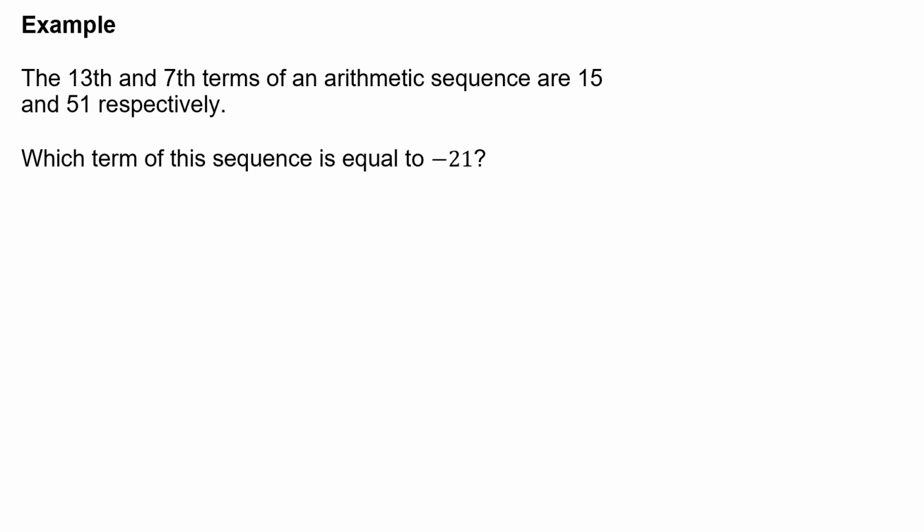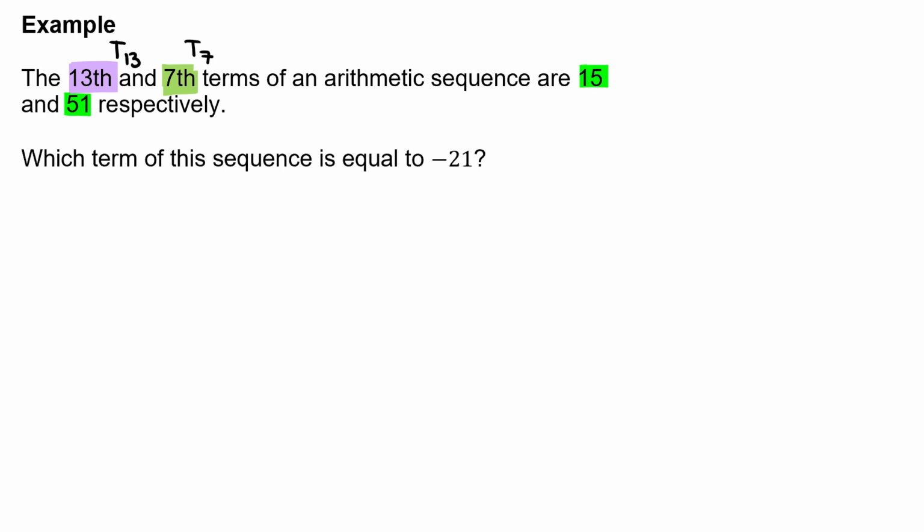One of the most important skills that we can develop in this section is being able to take a sentence like is written over here and convert it into maths. So they're telling us that firstly, the 13th term there, which would be T13, and of course the 7th term over there, which is going to be T7 for us, have the values 15 and 51.